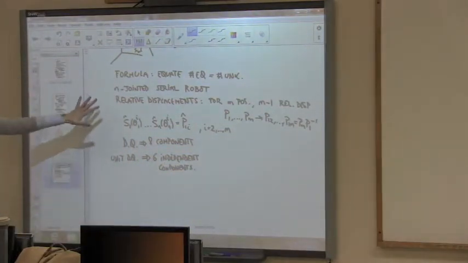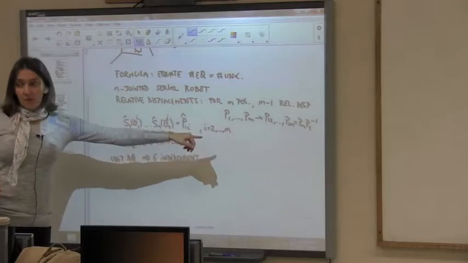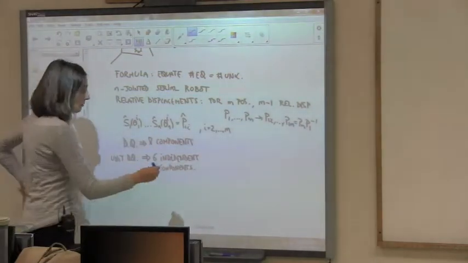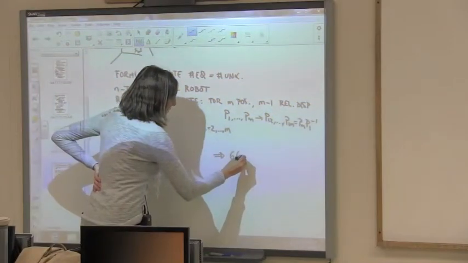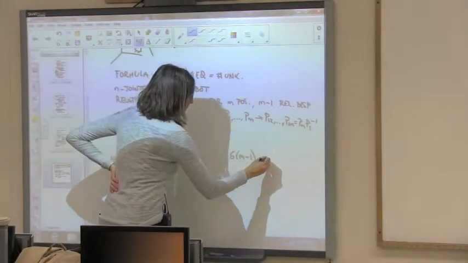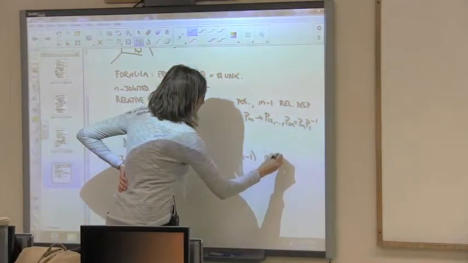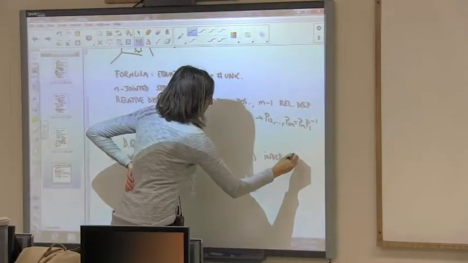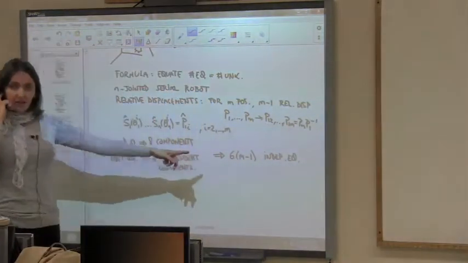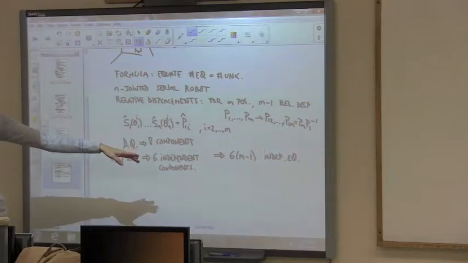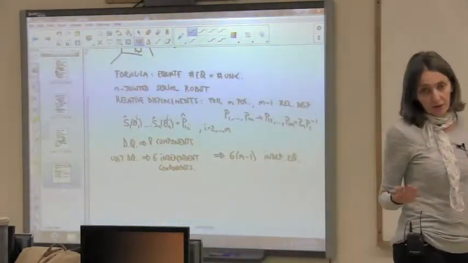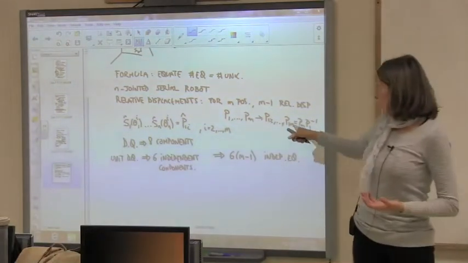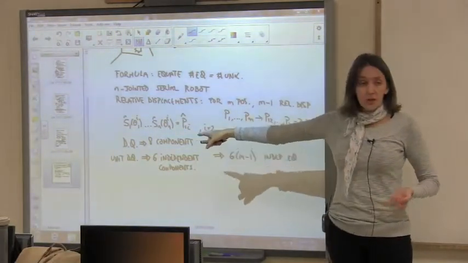So these are the equations we can create. We can create 6 times m minus 1 independent equations. Is this clear? So 6 for each quaternion, and we have m minus 1 equalities in which we equate to the desired position there.